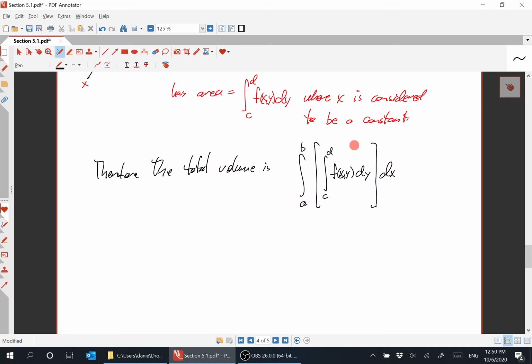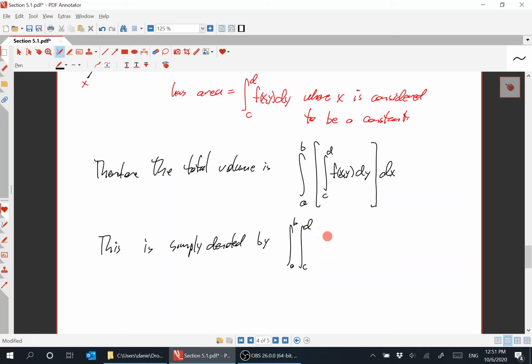So this is just denoted by the integral from a to b, integral c to d. We call this an iterated integral, f of x y. Now you don't write dA here.